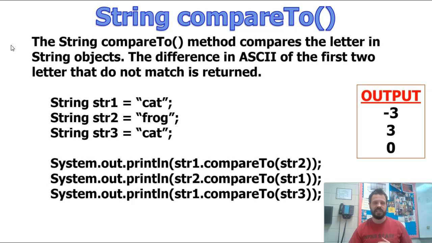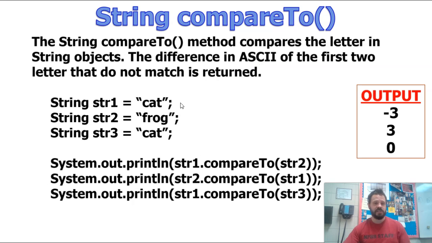The difference in the ASCII, as in the character codes, of the first two letters that do not match is returned. What ASCII is, in your notes I believe I have an ASCII table there for you. Basically it assigns every character an actual numerical value. So J is given a numerical value, a parenthesis is given a numerical value, and that allows for comparisons.